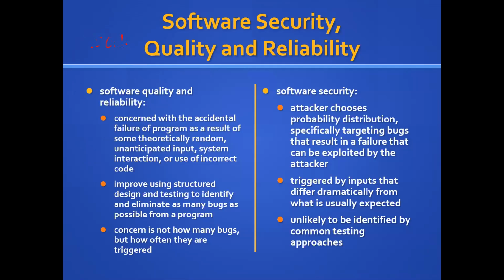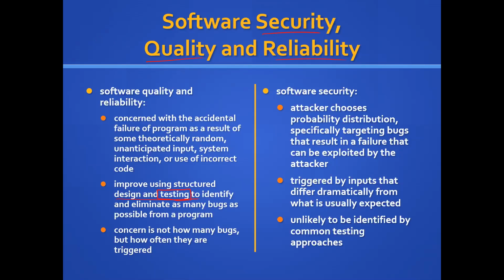So I've talked about this quite a bit. When we talk about software assurance, we're really talking about both security, but also quality and reliability. So you want to make sure that the code works really well. You're concerned with the accidental failure of a program as a result of some random, unanticipated input. You want to improve the design of it, and you want to have effective testing.